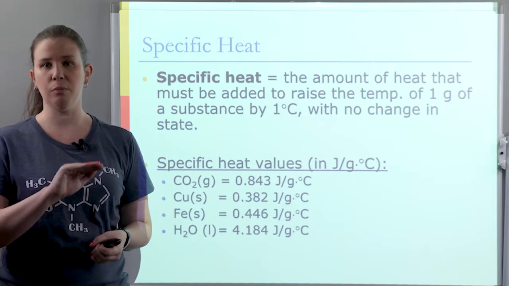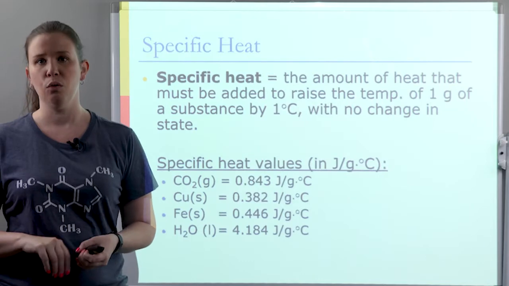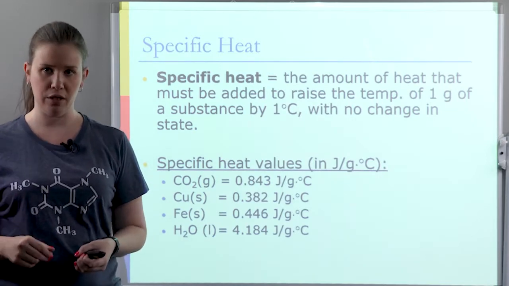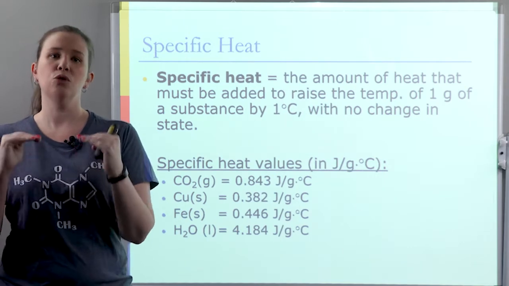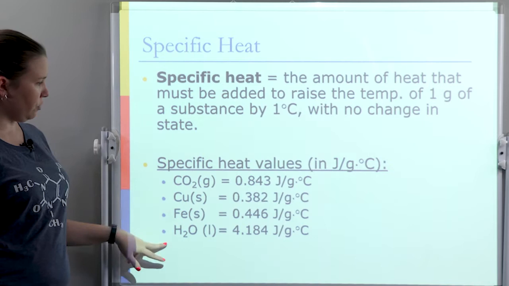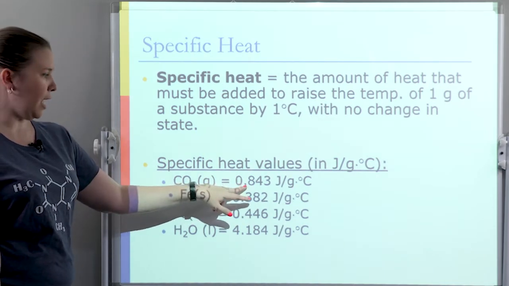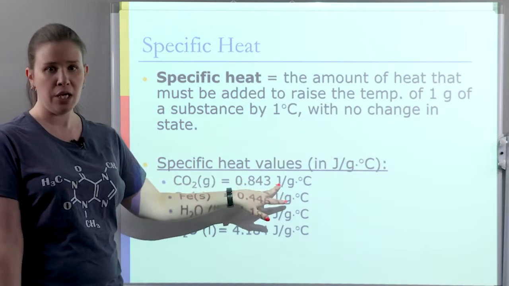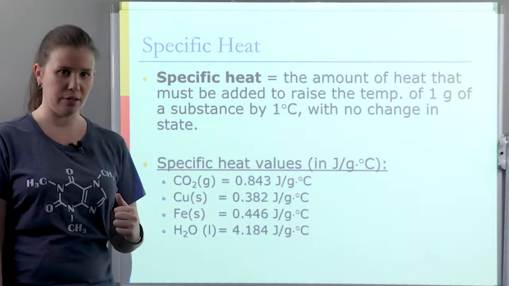If we wanted it to become 33 degrees Celsius, we would need to add 1 calorie or 4.184 joules of energy. That is going to then allow the 1 gram of water to increase 1 degree Celsius. So the same thing with all these different substances. If I had 1 gram of carbon dioxide, I would need to add 0.843 joules in order to get 1 gram of carbon dioxide to increase 1 degree Celsius.